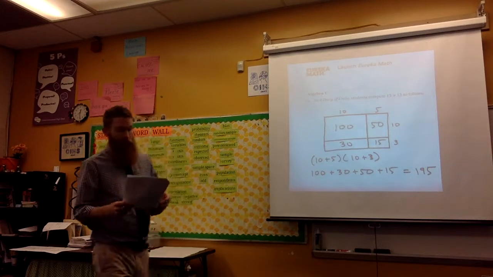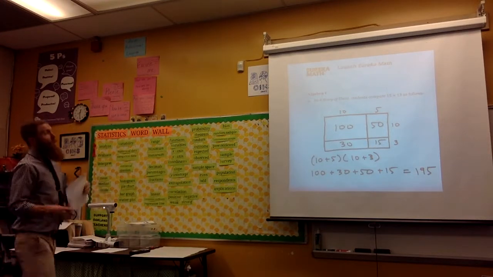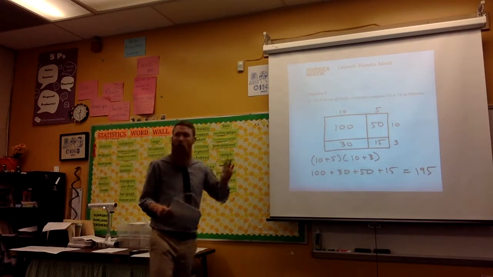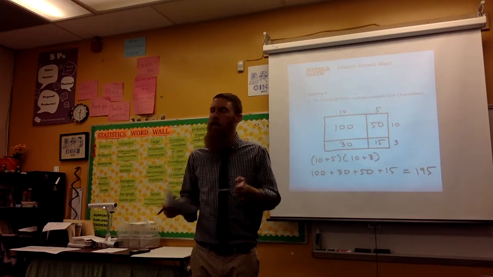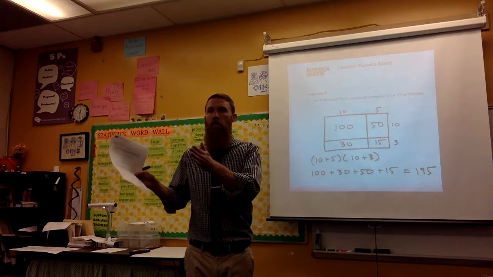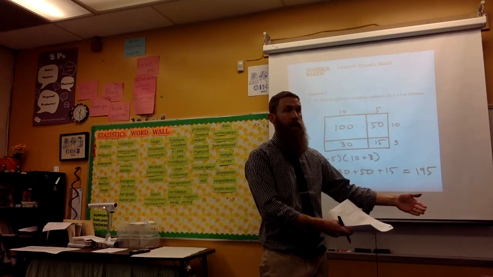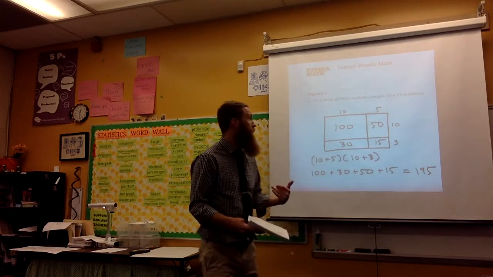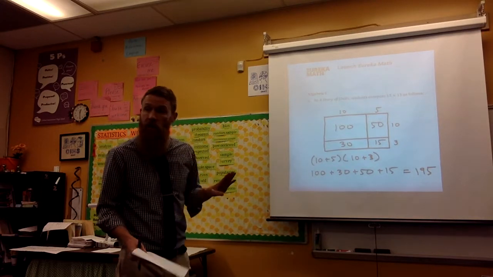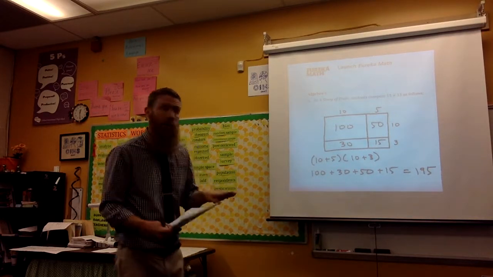Great. So building on this really concrete example of how to multiply double digits, let's make a connection here between this and multiplying binomials, which is a much more complex idea. But the process is the same. The foundation is in place.